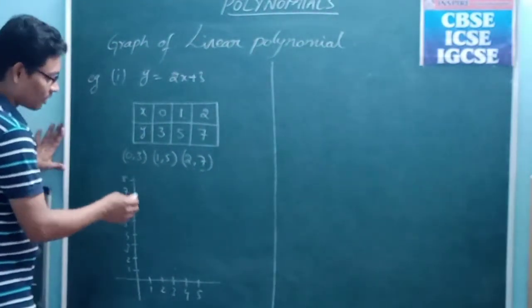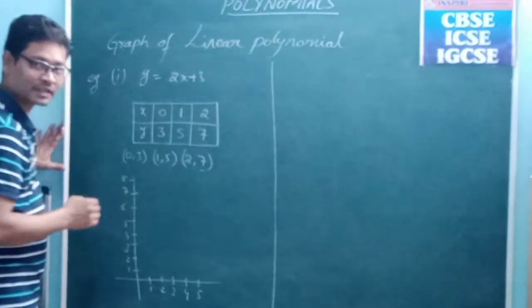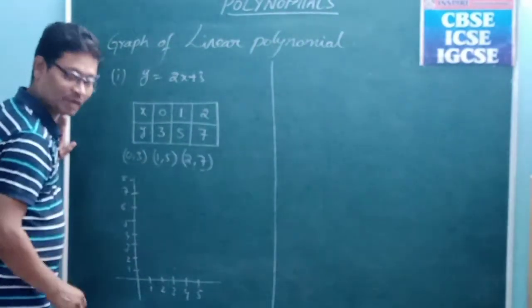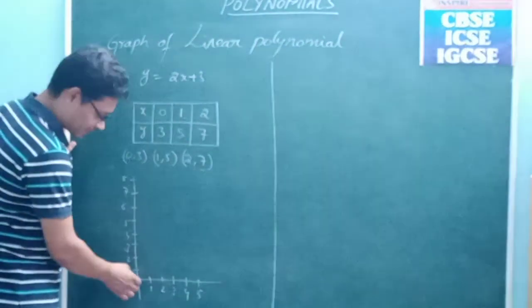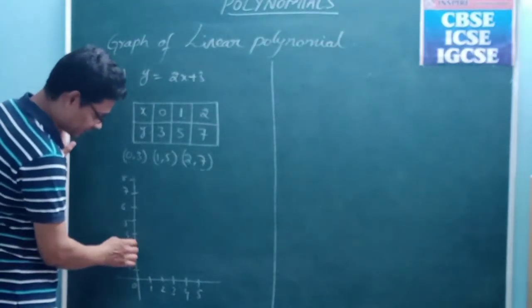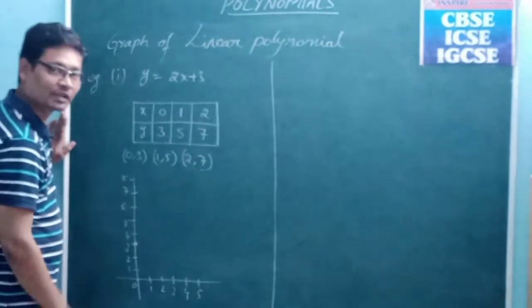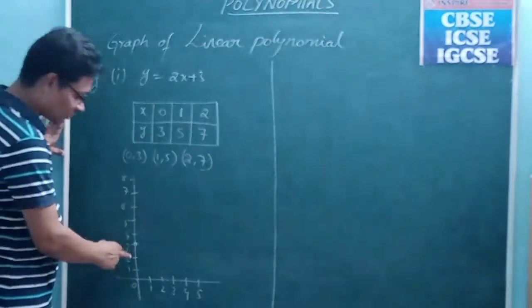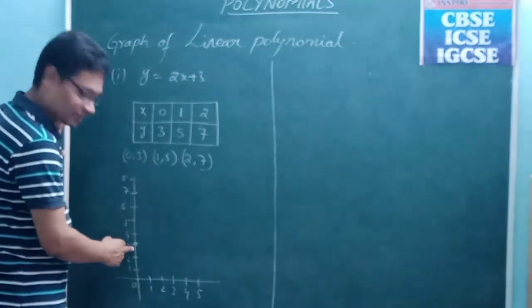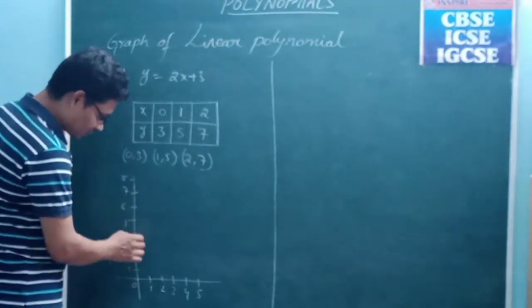Now let us locate the points on the graph. (0, 3): 0 on the x-axis and 3 on the y-axis. Here this is (0, 3). The point on the y-axis always has x value 0.